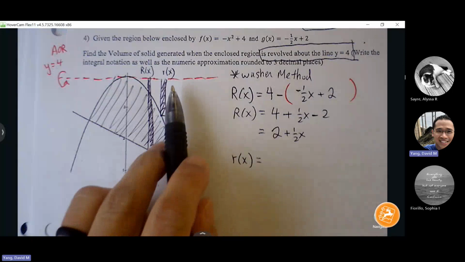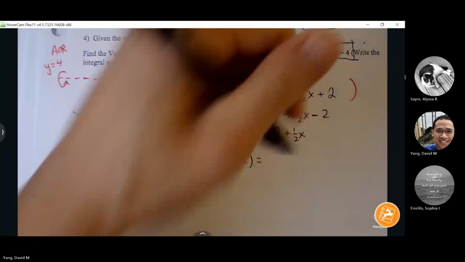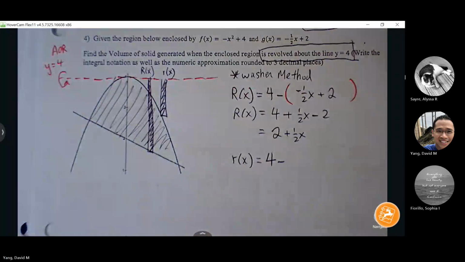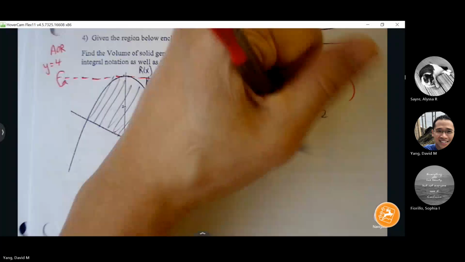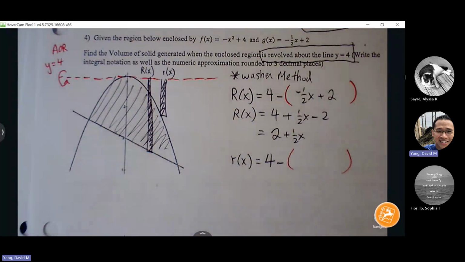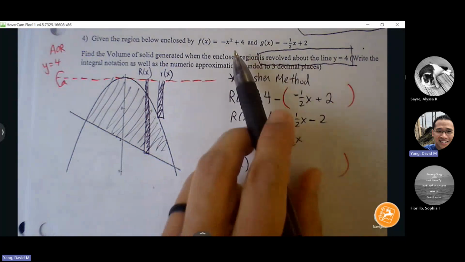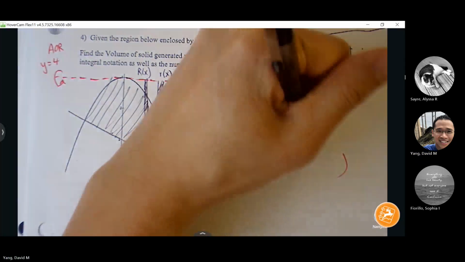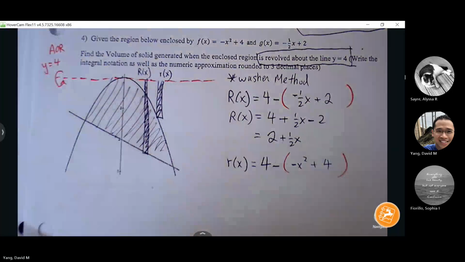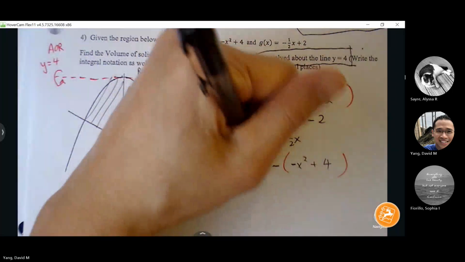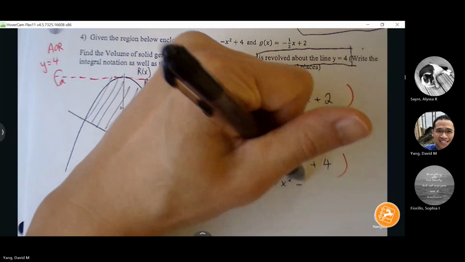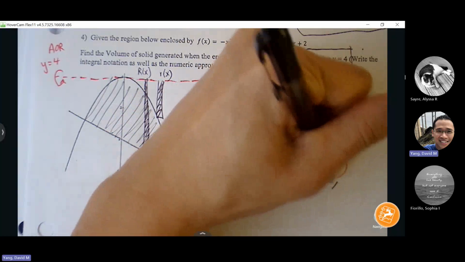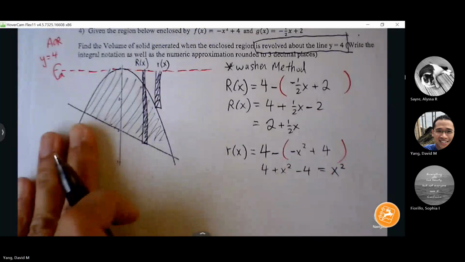The top of little r is sitting at the 4. Bottom of little r is sitting on the parabola, the -x² plus 4. Fours cancel out. I'm just left with x squared.